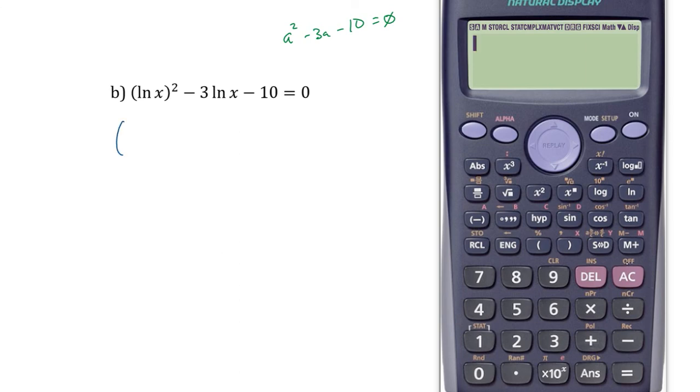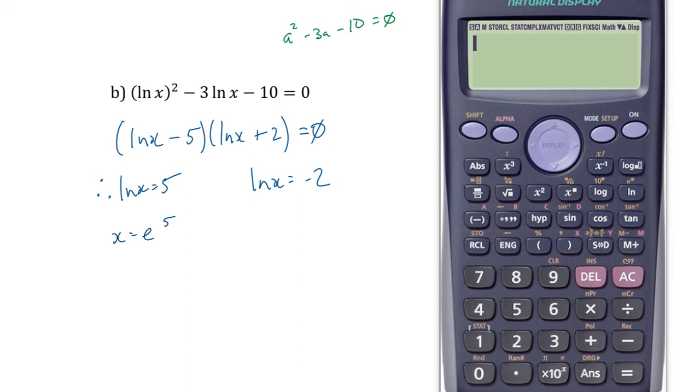So I'm left with ln x and 5 and ln x and 2. And I want the 5 to be negative, so I get the negative 3. So therefore, ln x equals 5 and ln x equals negative 2, which means x is e to the 5 and x is e to the negative 2, or 1 over e squared.